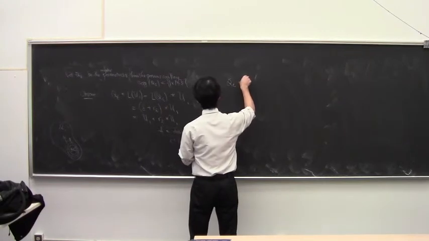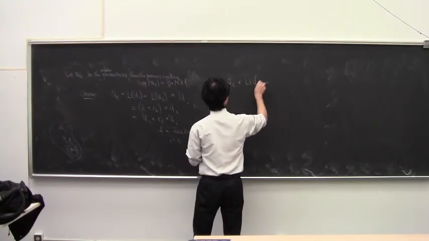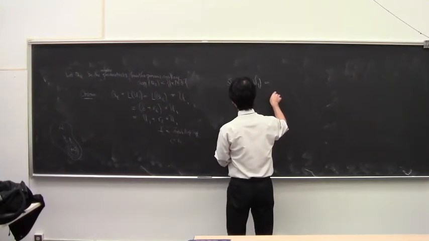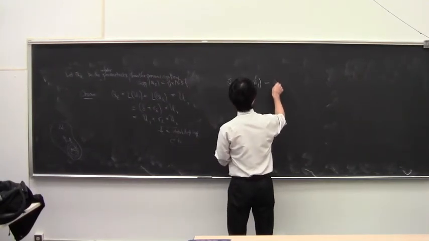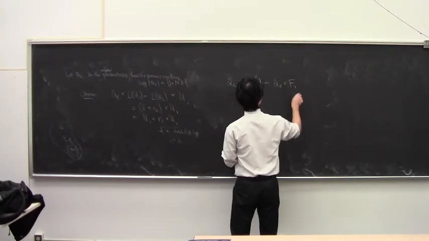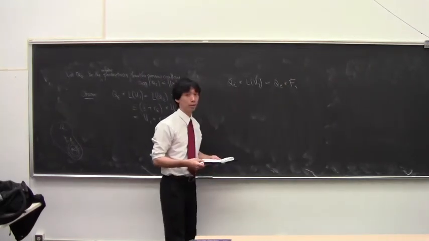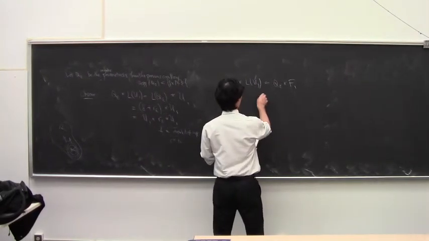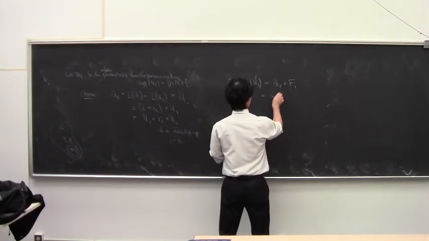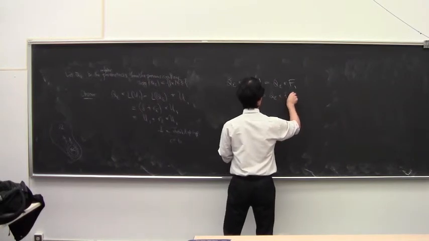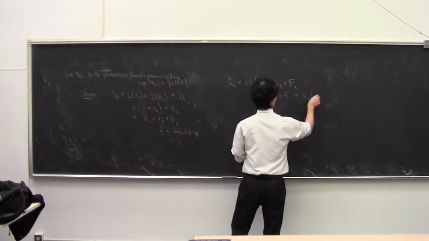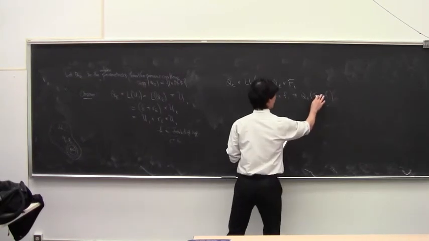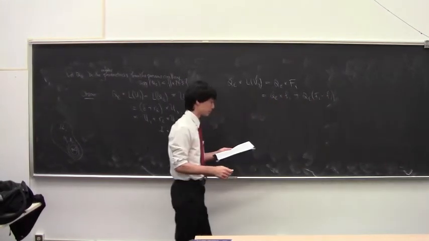If we look at this thing again from a slightly different viewpoint, this is equal to Q epsilon convolved with F1, which we can write as Q epsilon convolved with little f plus Q epsilon convolved with capital F1 minus little f1.